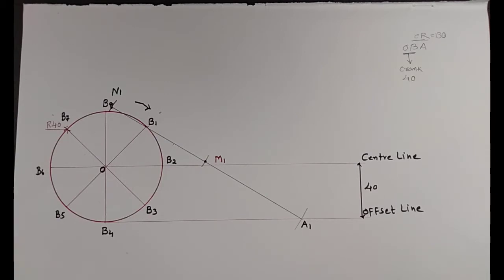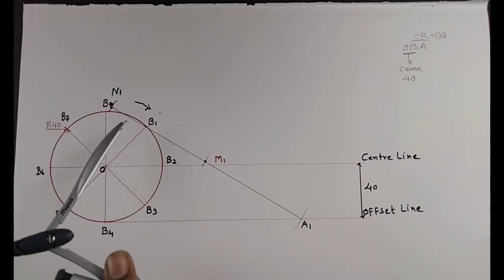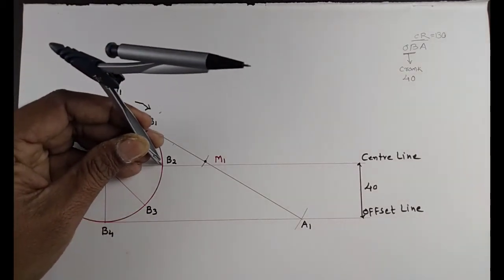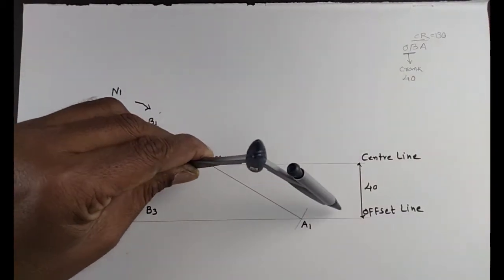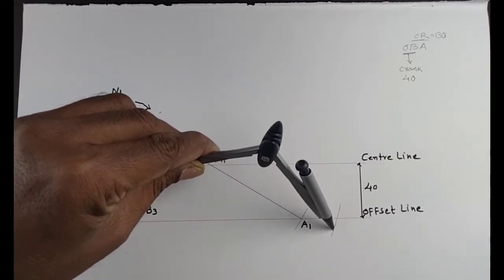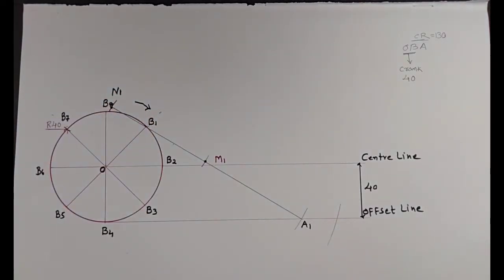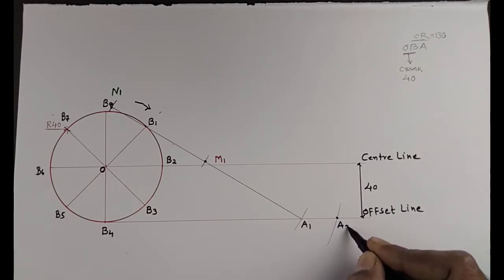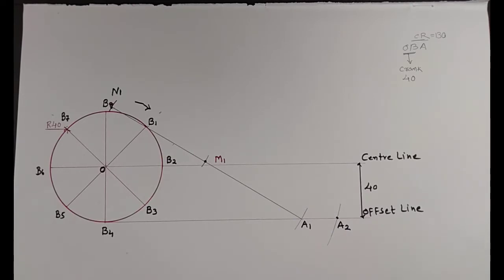Similarly, you can do the exercise for the B2 position. My crank is going to rotate in clockwise direction and it reaches OB2 in its one revolution. So for B2 as the center, first I draw the arc on the offset line. On the offset line, it is our A2 point.